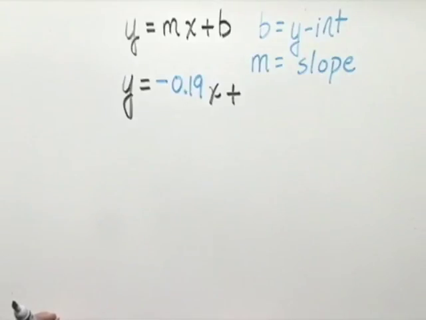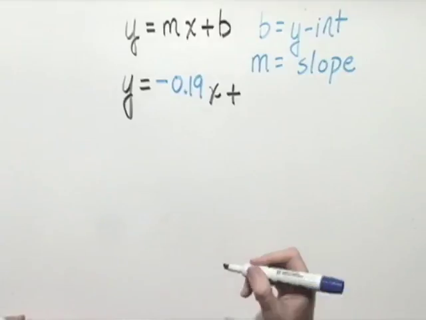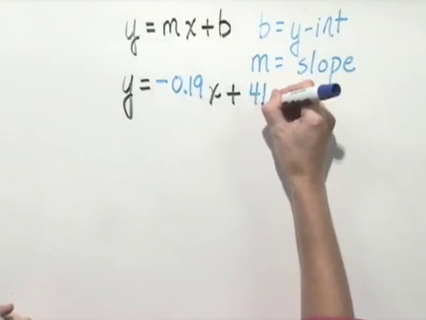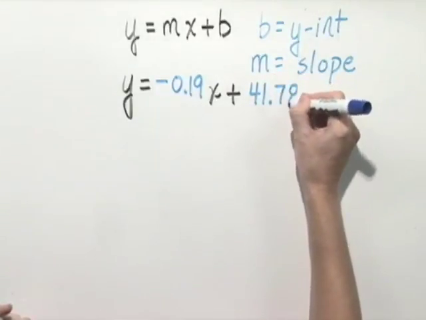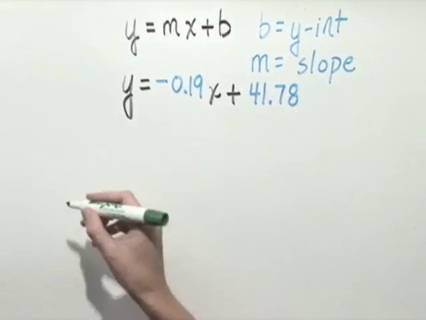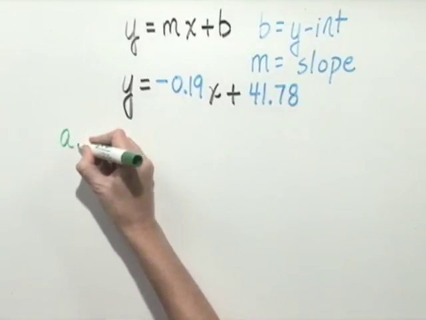The original function value we're given was 41.78 seconds. So we'll put in 41.78 for b. So now we're ready to write the answer to Part A.